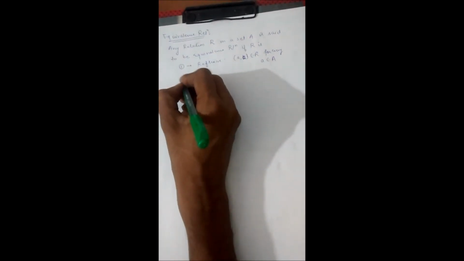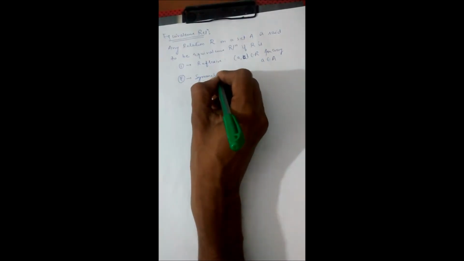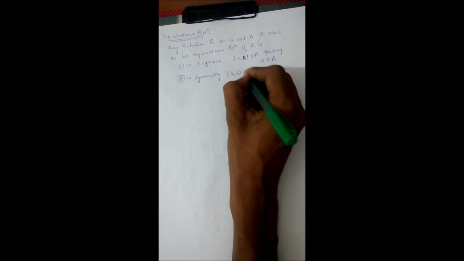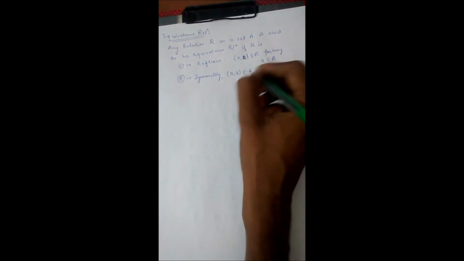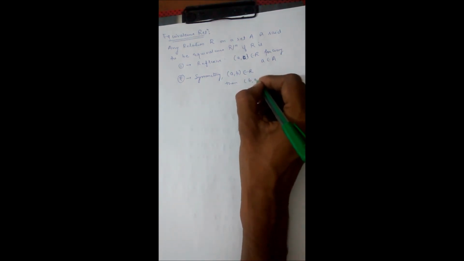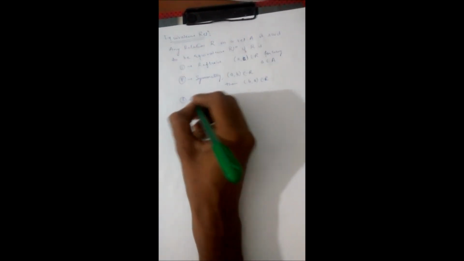Second condition was symmetry, which was nothing but if A comma B belongs to R, then B comma A should also belong to R. This was my second condition, symmetry. Third condition, transitive.